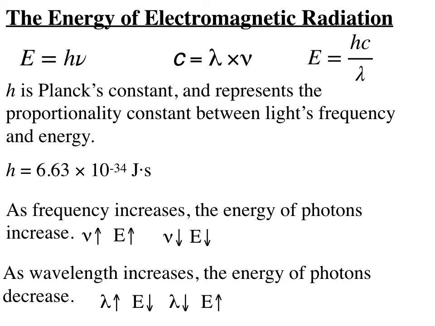It took a long time to discover this value, because the connection between frequency and energy, as you can imagine, is pretty tiny. And the proportionality constant is h equals 6.63 times 10 to the minus 34 J times s, which are joule seconds.